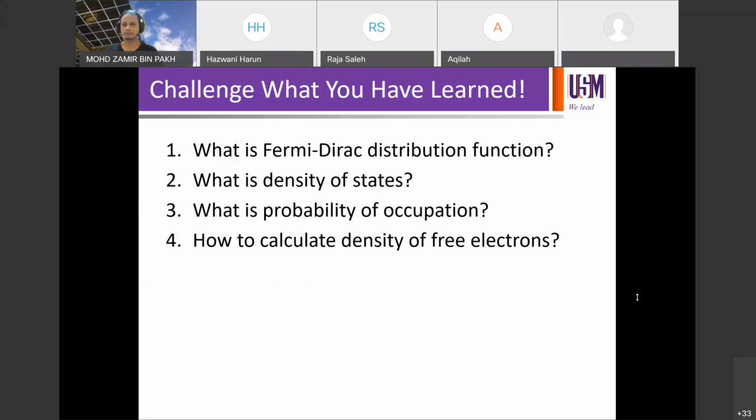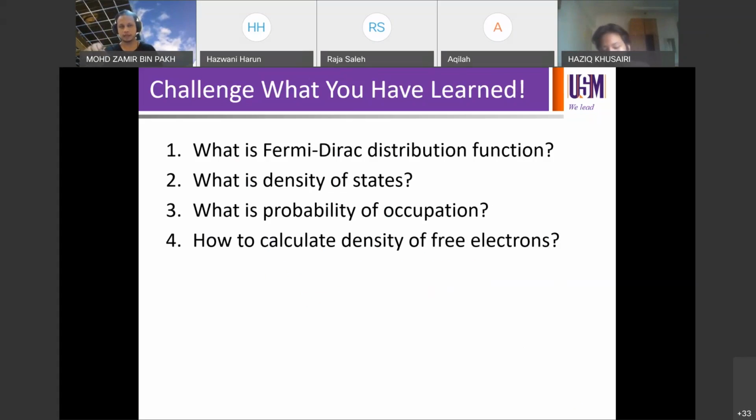F(E) equals to 1 over, sorry, forgot already. 1 over 1 plus exponential of (E minus EF) over KT. Yeah, right, that's correct. So what you have to do first is just write down the equation and define all the parameters in the equation.